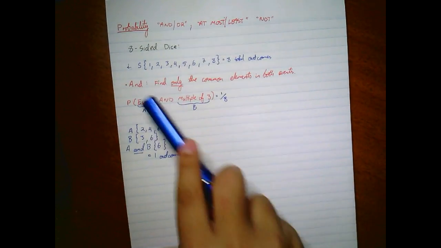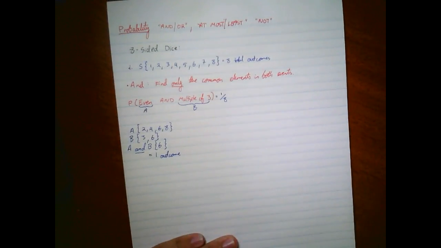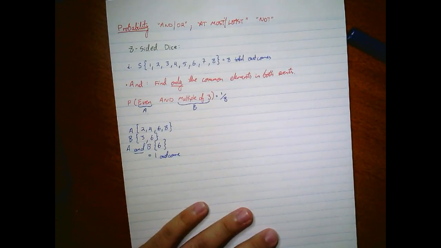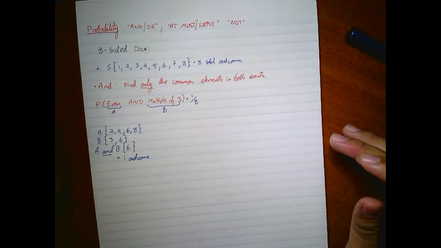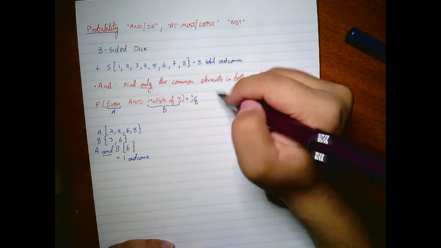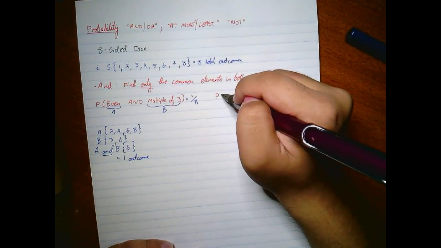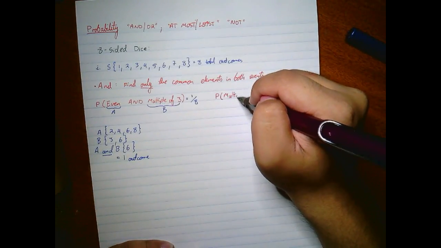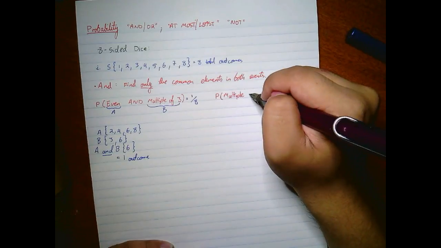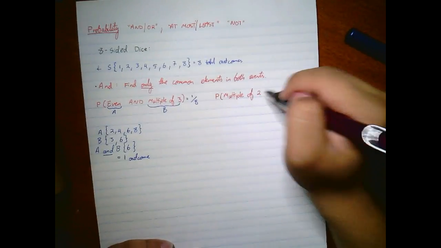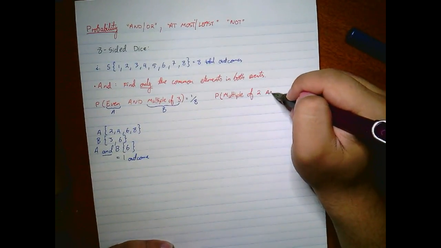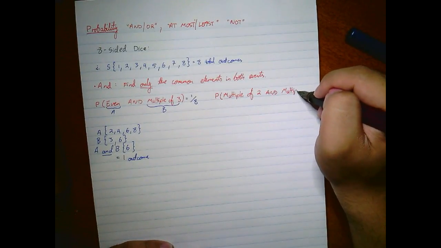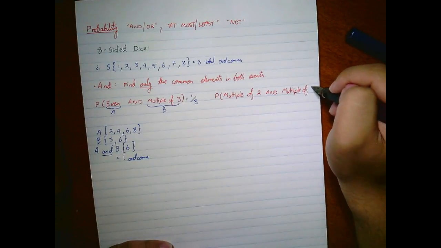So that's and. So we'll do just another example just in case we'd like to emphasize our learning here. We'll do another one. Probability of multiple of 2 and multiple of 3.